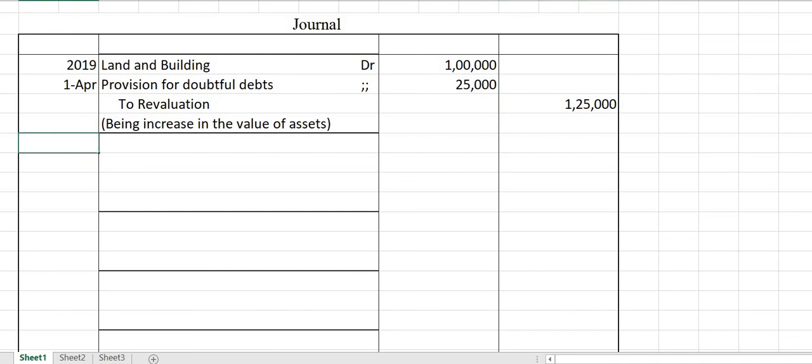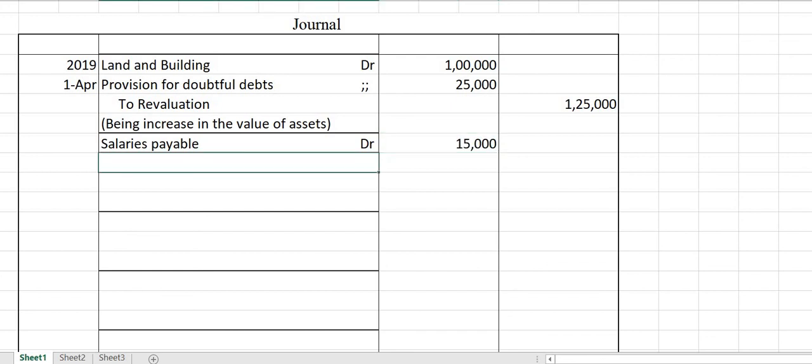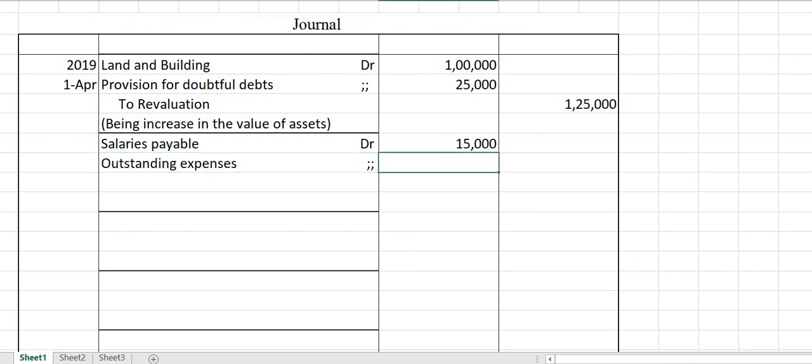Then let us see the next one on the same date. So here liabilities are there. Salary payable liability decreased. How much decreased? 15,000 decrease. So salary payable debtor 15,000. And outstanding expenses also decrease, written off. That 20,000 will be written.